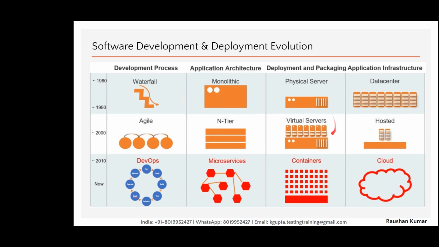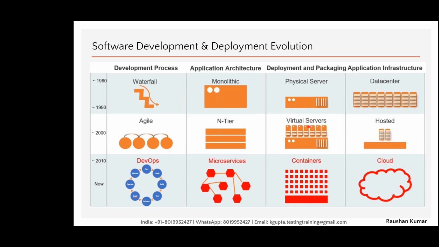It was a huge revolution, and we were able to utilize the resource in a much more efficient manner than we used to before. Virtualization was the revolution at that point in time.